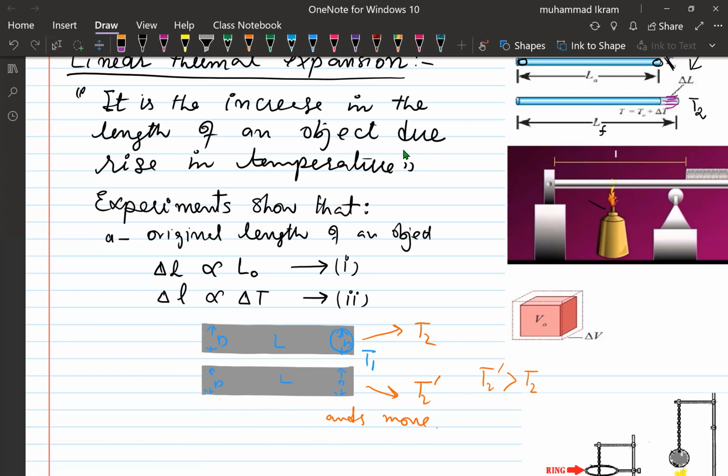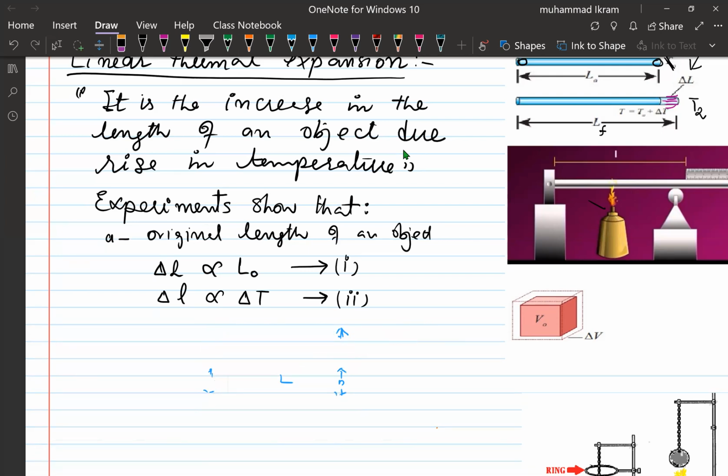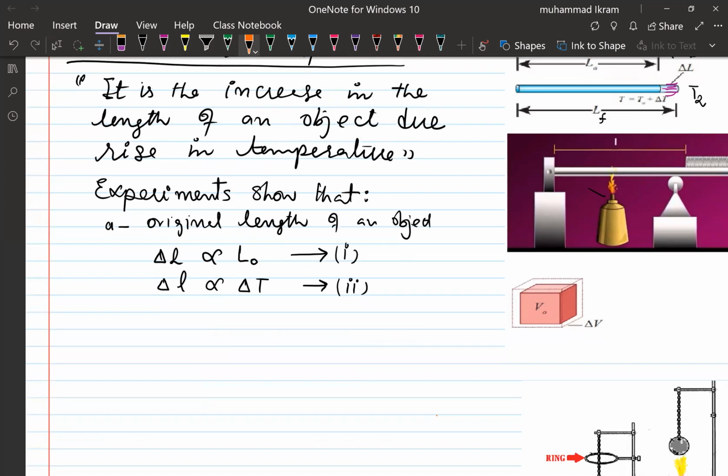So this shows that the change in length is also directly proportional to the change in temperature.